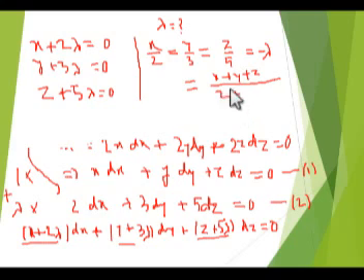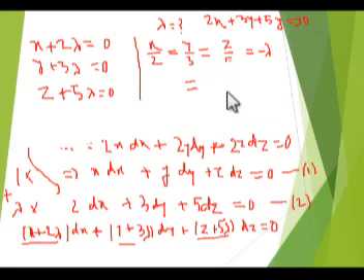We are not given the value of x plus y plus z, but we are given the value of 2x plus 3y plus 5z, which is 30. So we will not add up in this way; we will add up in another way.